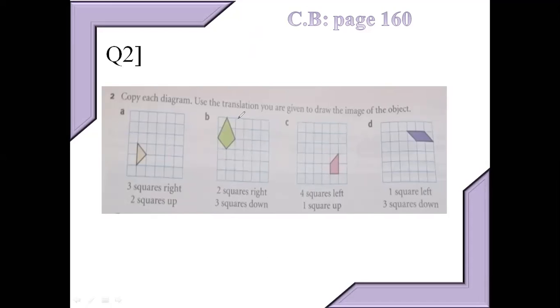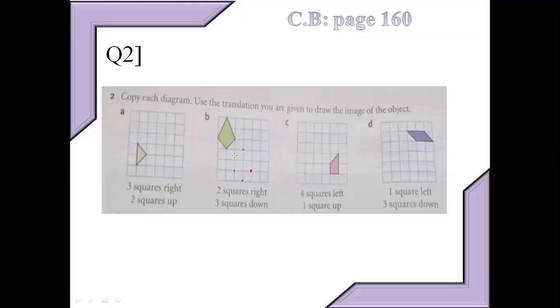So this is 1, 2, then 3 down, 1, 2, 3. It's going to be here. Now this one, 1, 2, then 3 down, 1, 2, 3, here. Now this, 1, 2, 3 down, 1, 2, 3, here. And obviously, it's clear that the last one is going to be here.